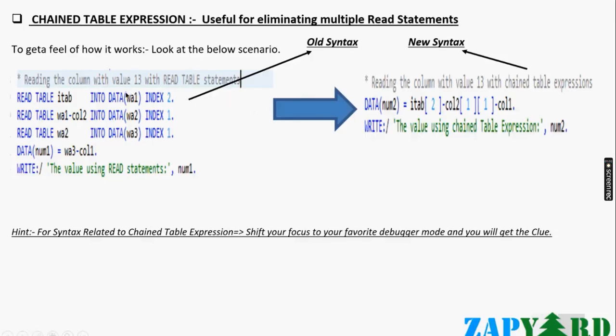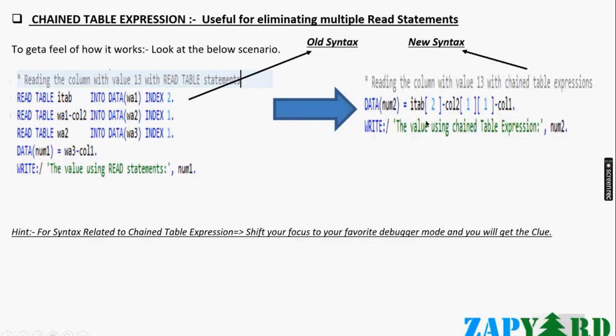So earlier if I wanted to do something like that, read into a work area, suppose, and this, suppose, any particular column is an internal table, again a read table, a work area, and suppose this is again a table, read table, again a work area into this one. So 1, 2, 3 and then the value, right? Instead of that, now at one position I can access everything and get the value.